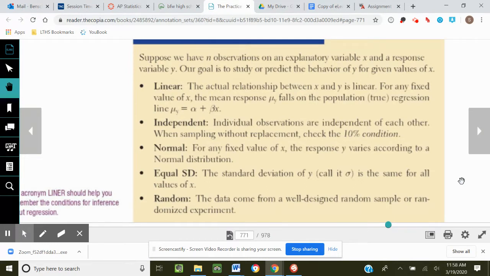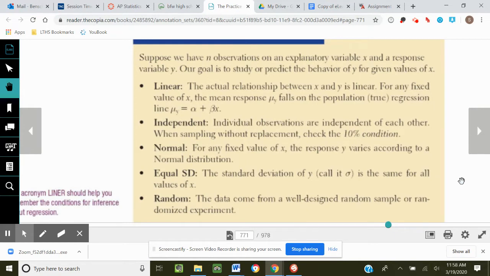The normal condition, if you think back to that picture we looked at earlier, what it said is for each value of X, the Y values need to vary normally, have a normal shape. We'll write this down in a minute, but what we'll do is look at a histogram of the residuals and look for any strong skewness or outliers.